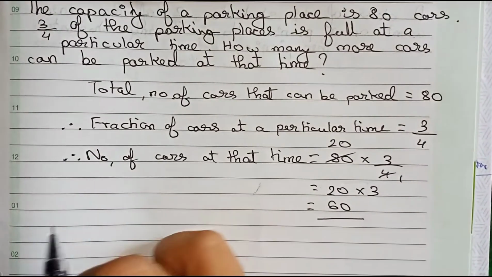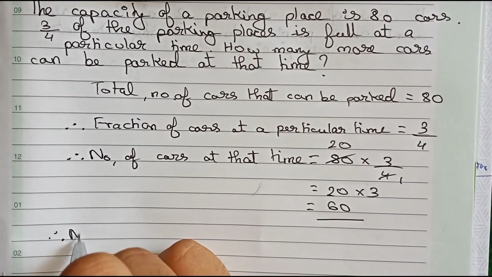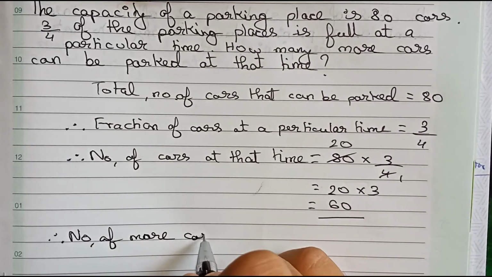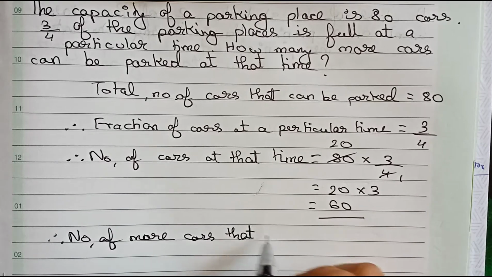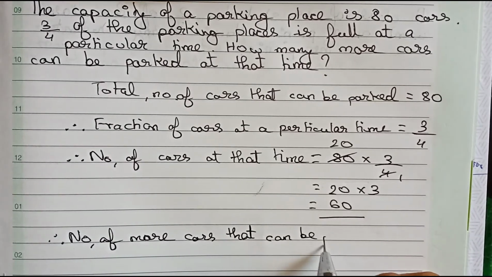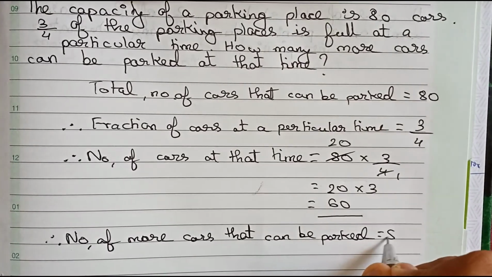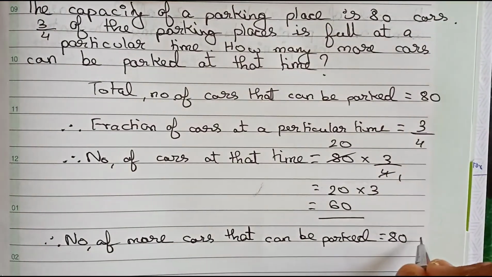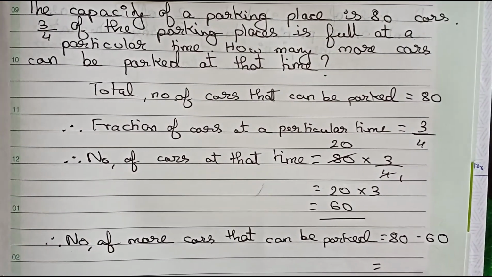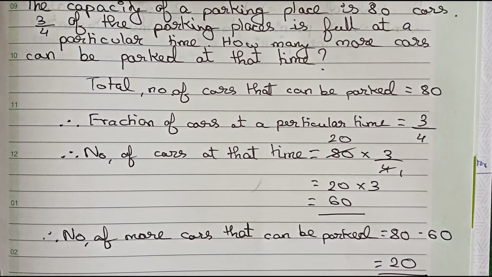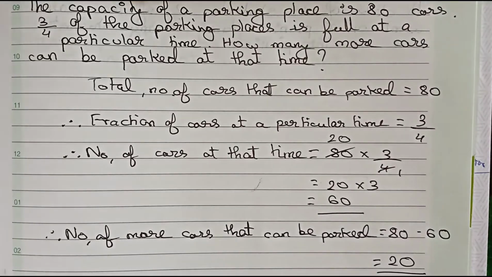So now I find the number of more cars that can be parked, so that will be the total number of cars, that is 80, minus the number of cars at that time, that is 60. So it becomes 20 cars. So therefore 20 more cars can be parked at that time. So this is our final answer for this question.